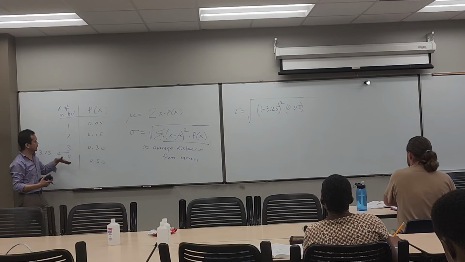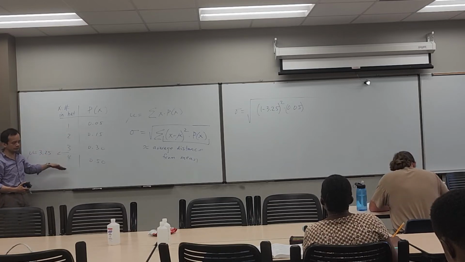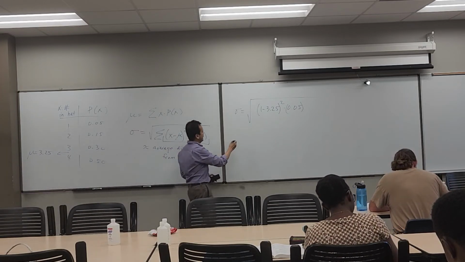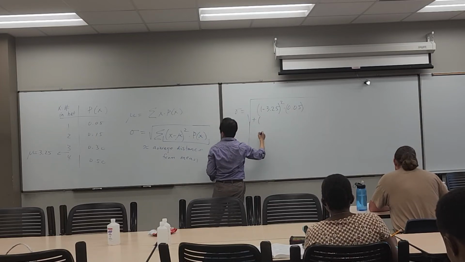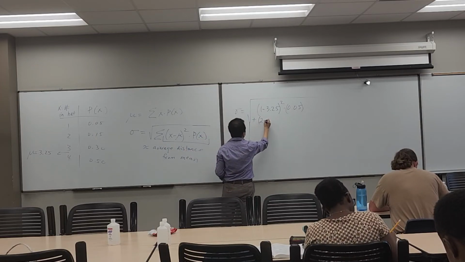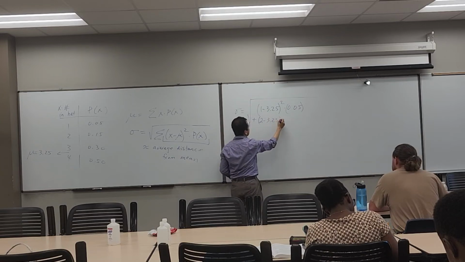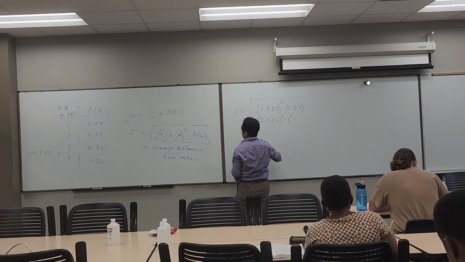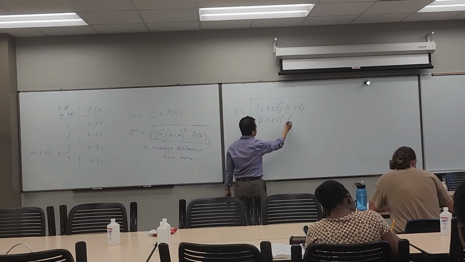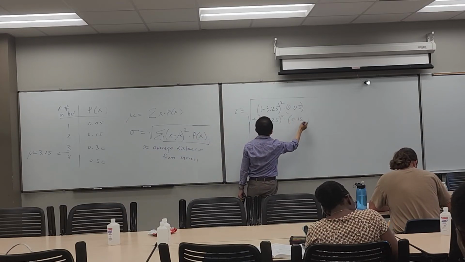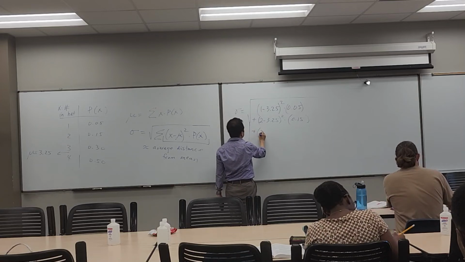Now we're gonna do the same thing for the subsequent remaining rows. So now we're gonna add, put the rows down here. So we're gonna add 2 minus 3.25, square that, multiply by its respective probability for that value of x, 0.15. Add that to the next.